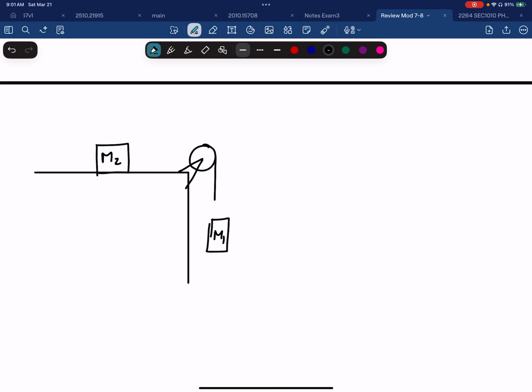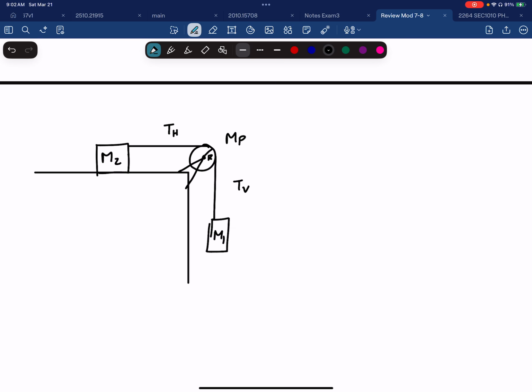Again, in this, the pulley is not massless. It has a mass mp, and it has a radius. Okay, that will give us two kinds of tension, a horizontal and a vertical one. So think about how you can go for this one.